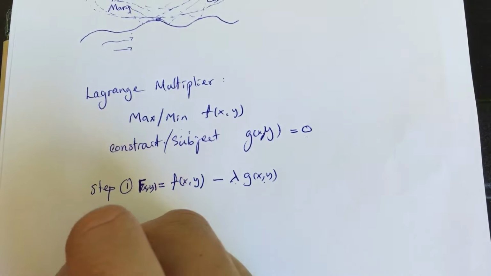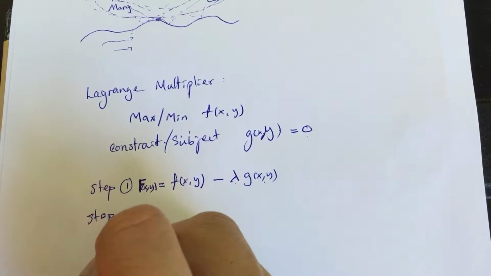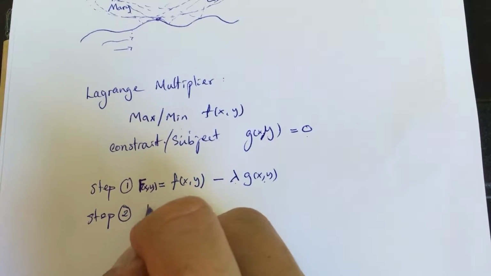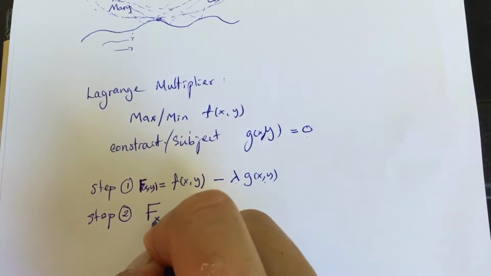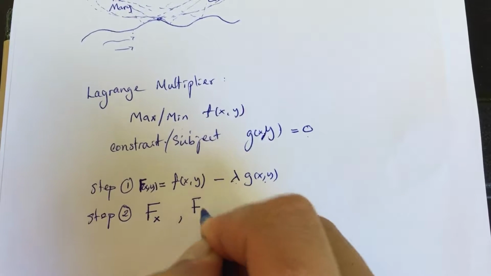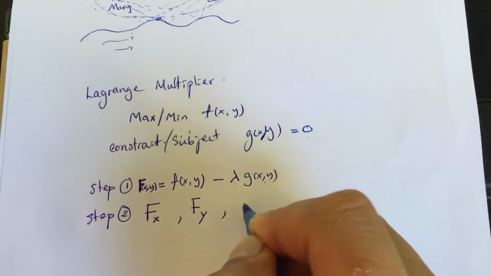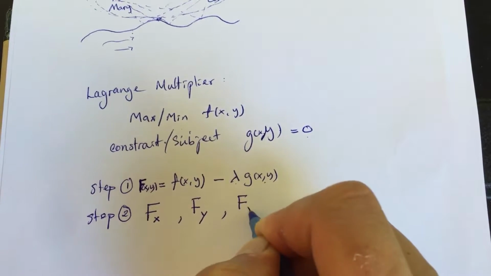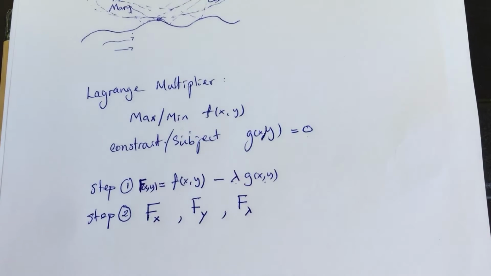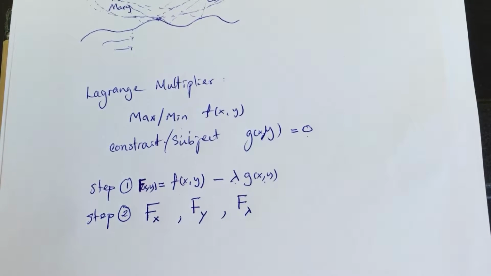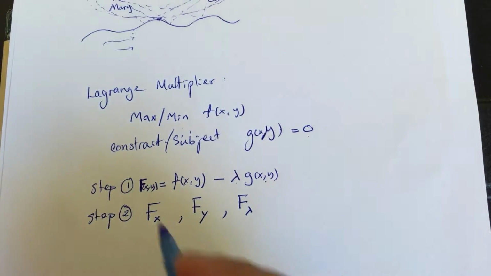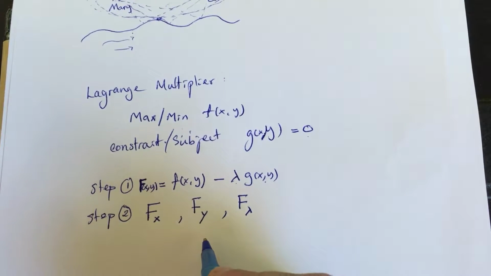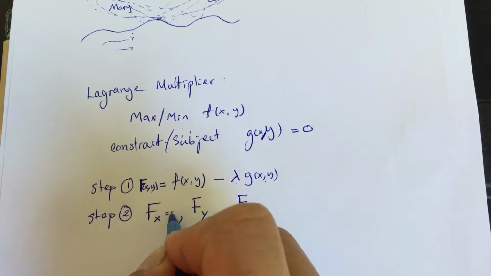Okay, step 2. Here is what you need to do. We need to find out what f sub x is, f sub y is, and f sub lambda is. We need to differentiate each one of these and try to solve. So here's what we need: each one of these equal to 0.